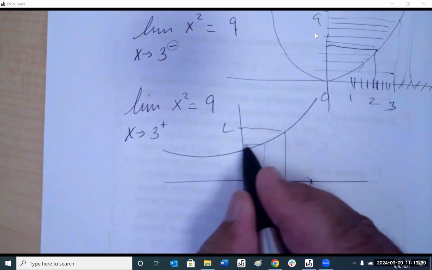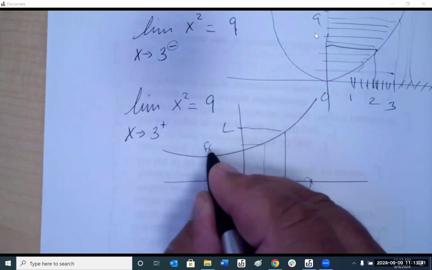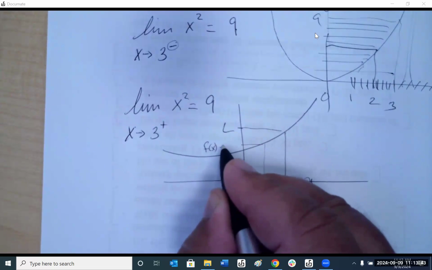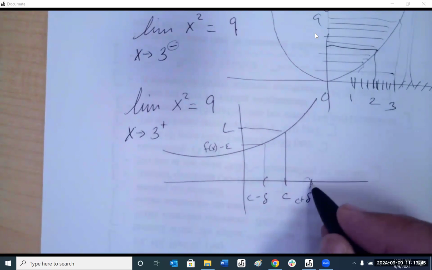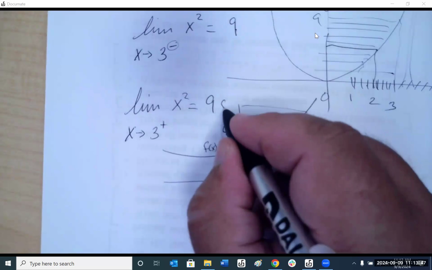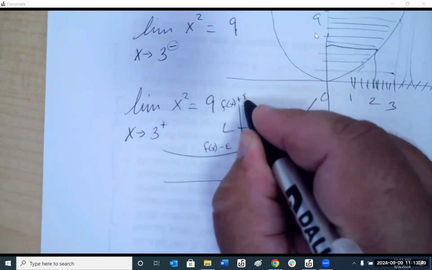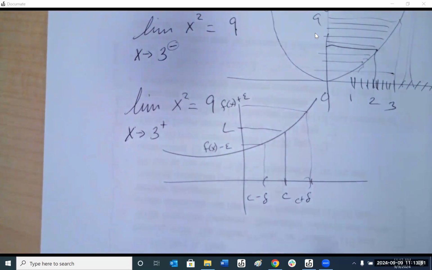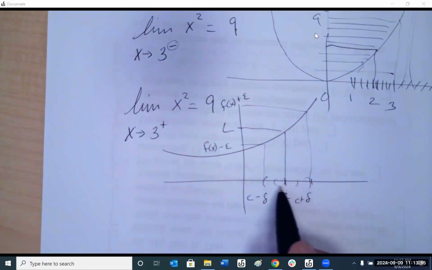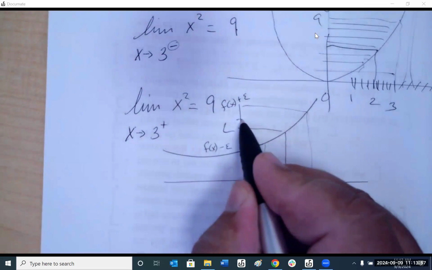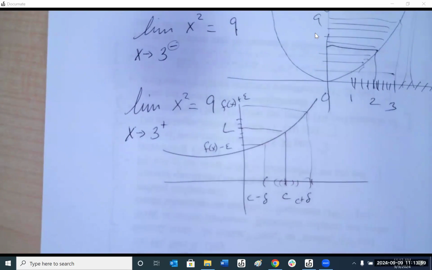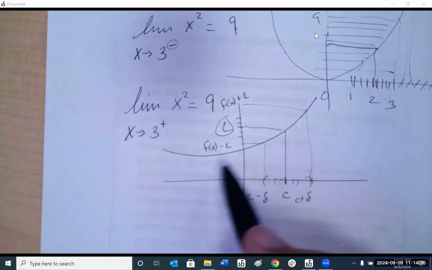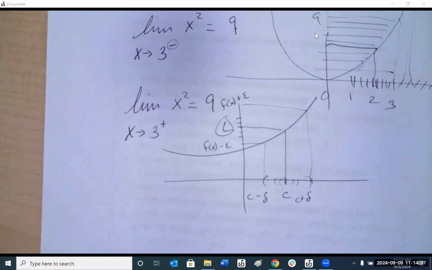And that corresponds to f of x minus epsilon, f of x plus epsilon. So it's just as this domain gets closer and closer and closer, these get closer and closer and closer to my final limit. That's what we're trying to say. And that's how we could tell if something is continuous or not.